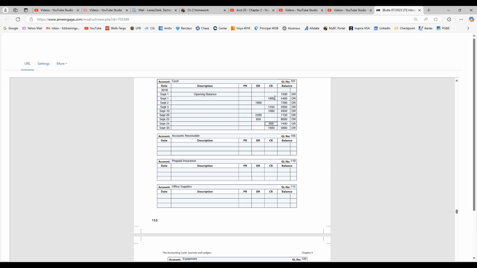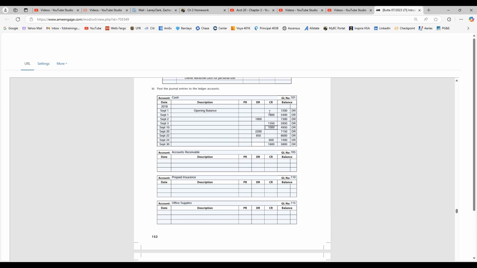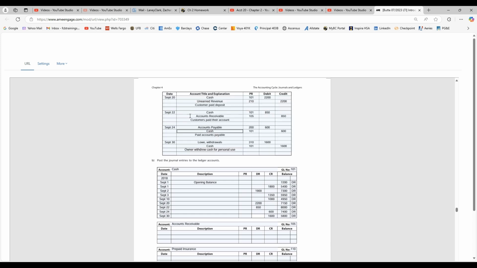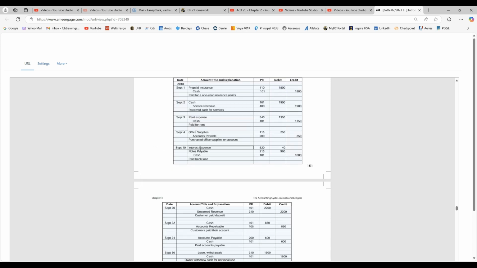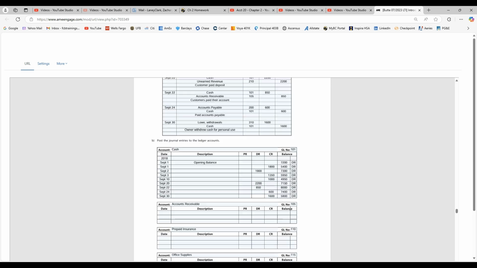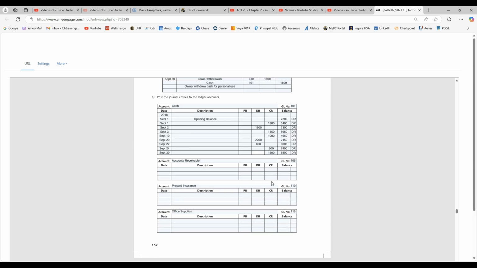I guess it was a summation of $1,000, I think was the date there, if I'm not mistaken. Yeah, September 10th, paid $1,000. $40 of that was interest expense. $960 was notes payable. So you can see the 1,000 here.